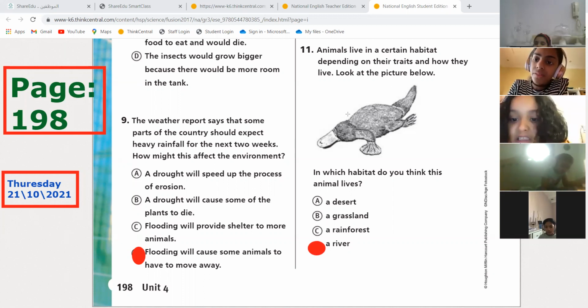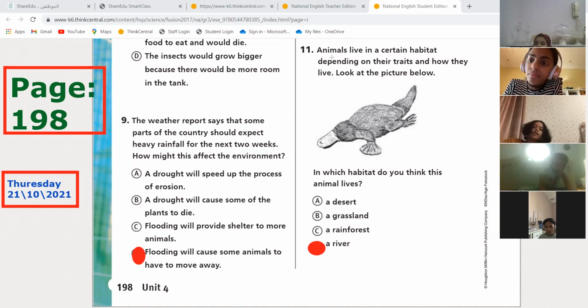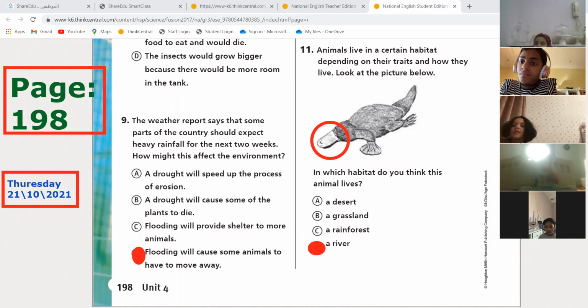Because it looks like a duck and it has a tail. Yes, look at the mouth. This mouth looks like a duck and it has fins. It has fins and it has a beaver tail. It can swim fast.